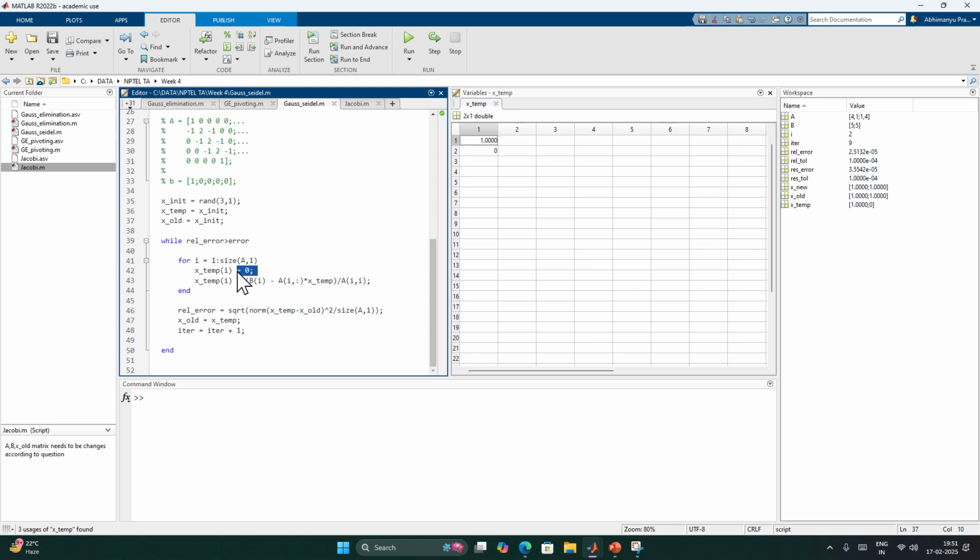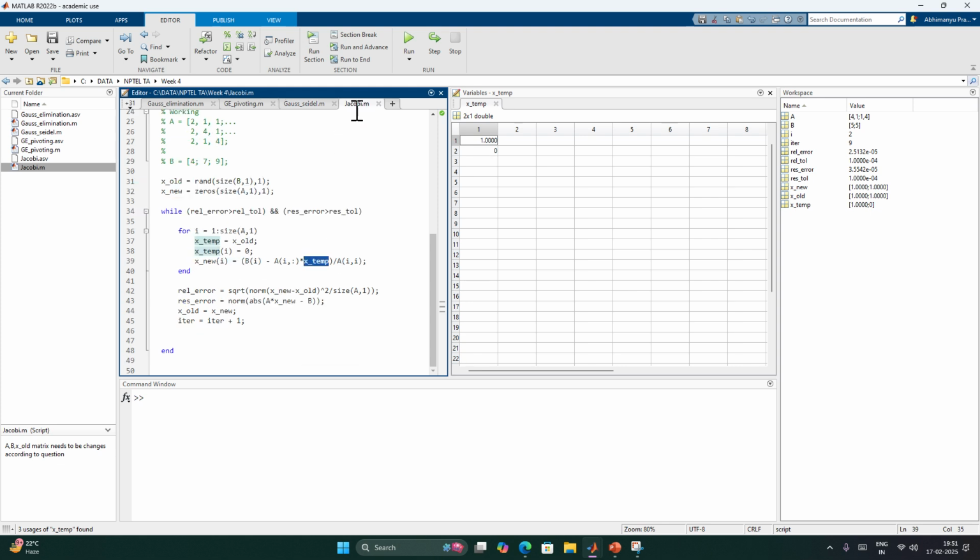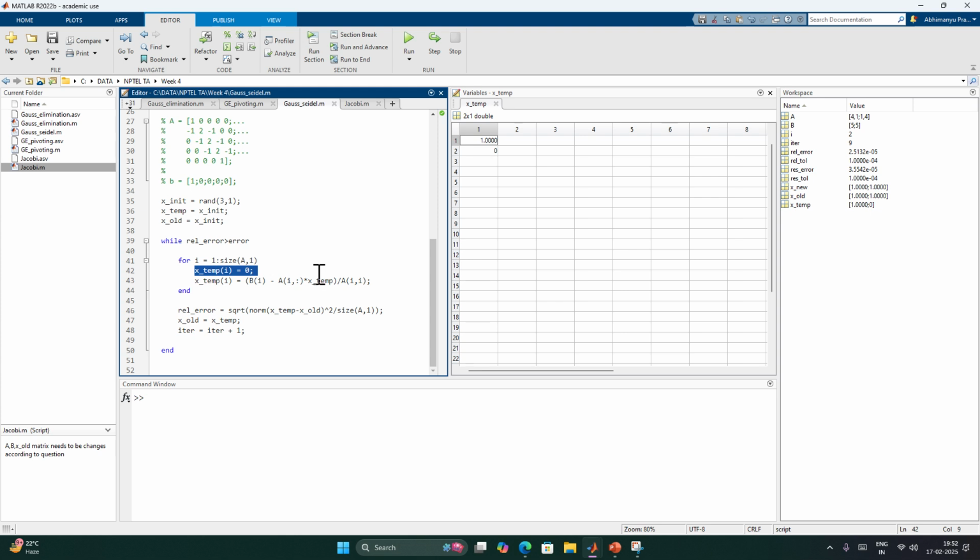What is happening over here is I'm making the first element zero because I don't want to multiply this with the element that we are calculating it for. So I make that element zero and then I do this multiplication. So this x temp updates after every iteration.